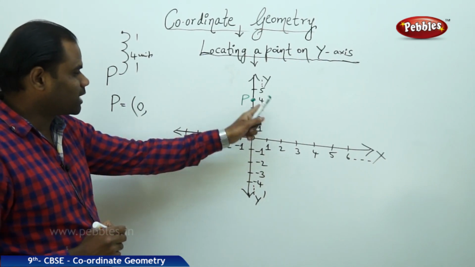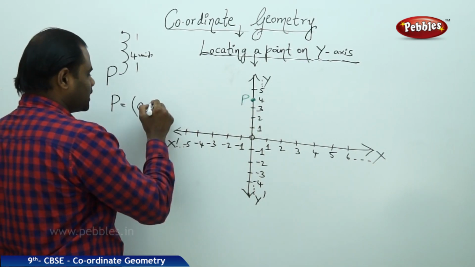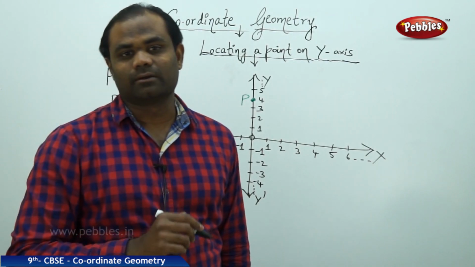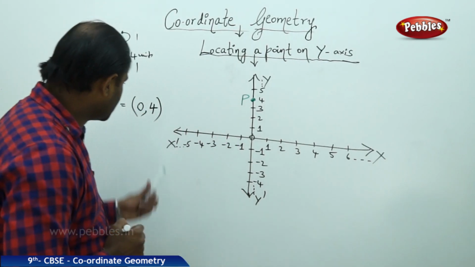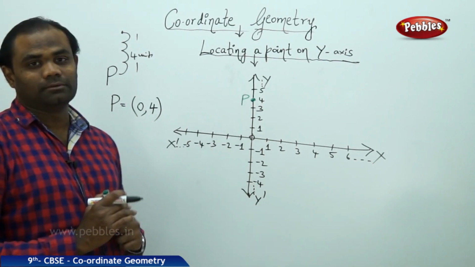Only its y coordinate changes, jumping 4 units up to the positive side, and hence it is 4. This is how we understand the coordinates of P being 0, 4.